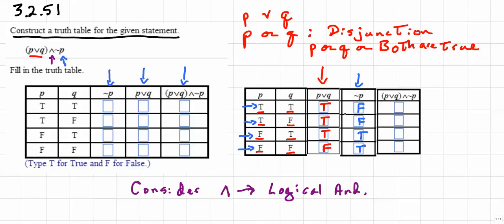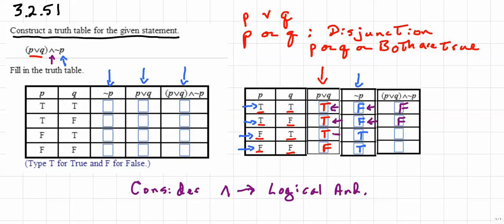So, in this particular case, when I look at this one right here, P or Q is true, but not P is false. Therefore, P or Q and not P is also going to be false. This is a true statement for P or Q. This is a false statement for not P. This will also be a false statement.